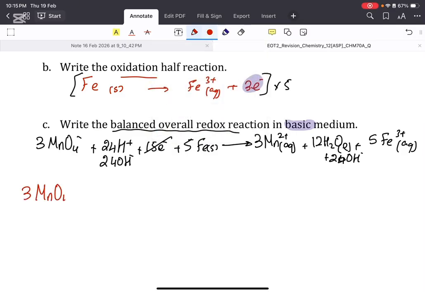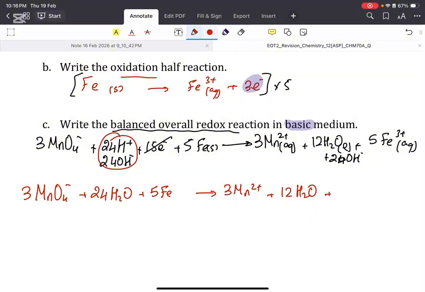So 3MnO4 minus and 24 H2O and 5 iron, 3Mn2 plus and 12 H2O and 24 OH minus and 5 Fe3 plus. Now 12 H2O, they cancel out, and out of those 24, 12 remains.